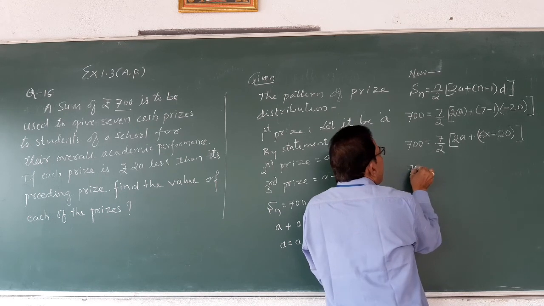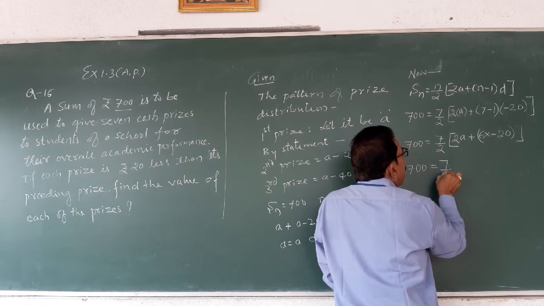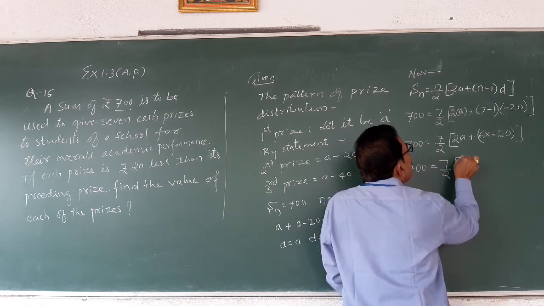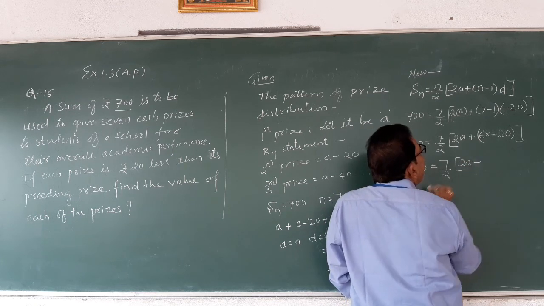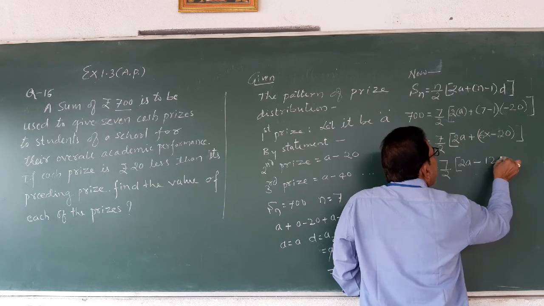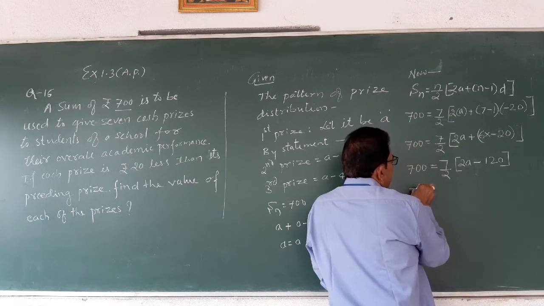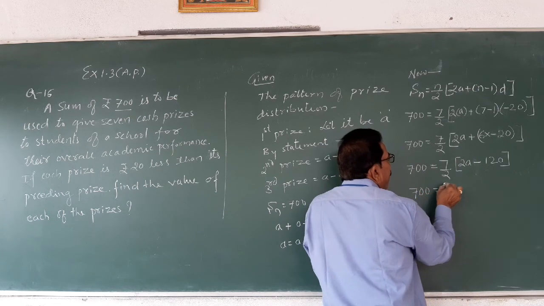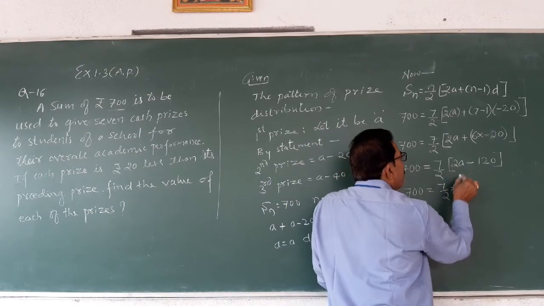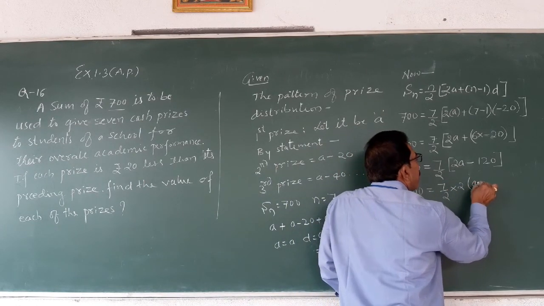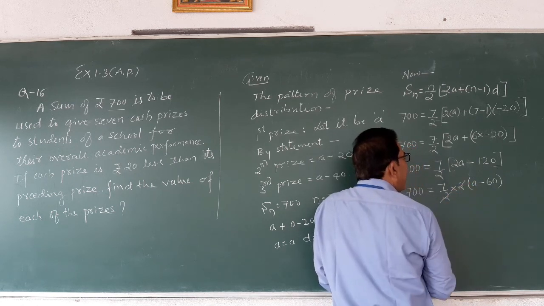So 700 equals 7 by 2, 2A plus 6 into minus 20, that is minus 120. Okay, 700 equals 7 by 2 into, see, 2 is common, remaining A minus 60. 2 gets cancelled.